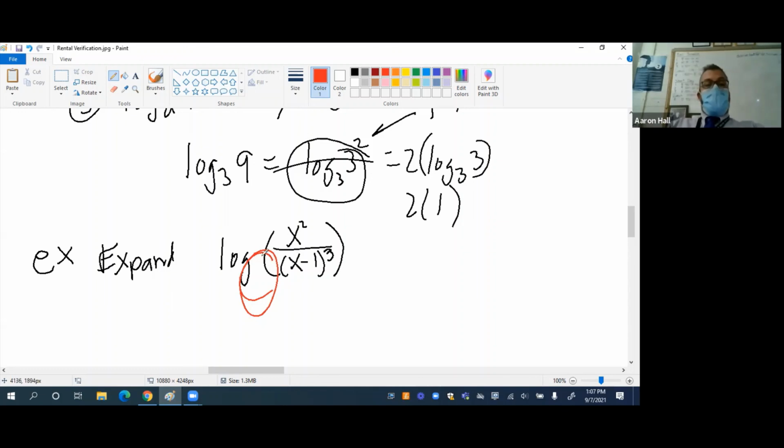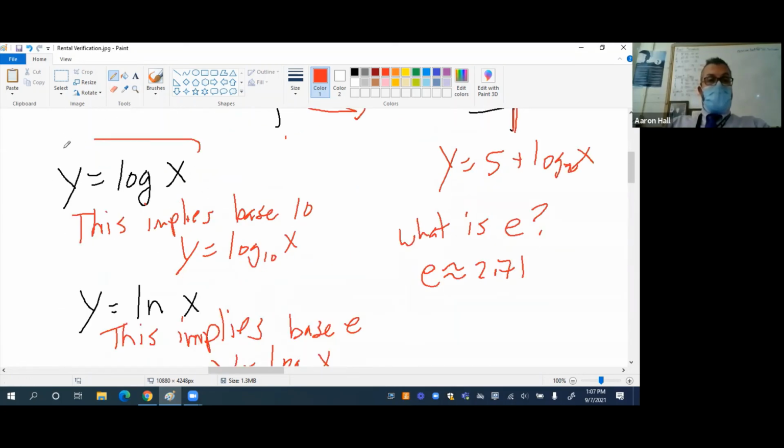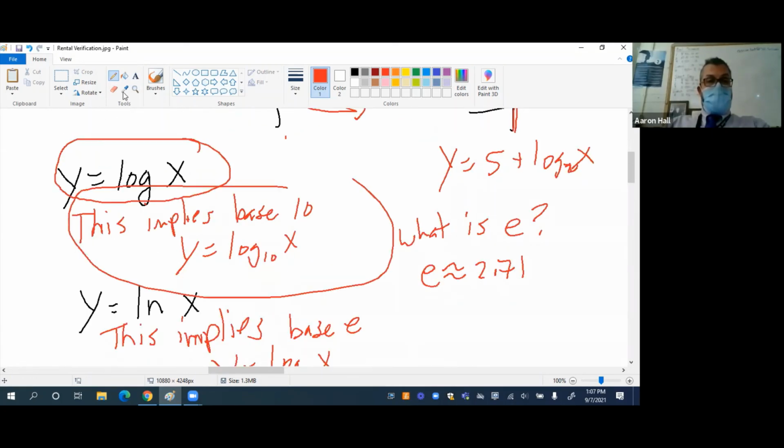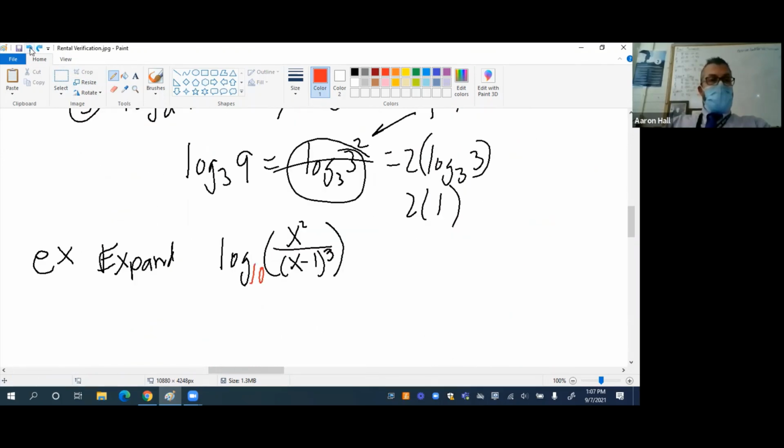It implies that it is a base. Do you know what it is? Yeah, it's 10. If nothing's written, it implies it's log base 10. That's an important idea. If it's not written, it implies that it's a base of 10. All right, so where do we go from here? Damien, what about you?